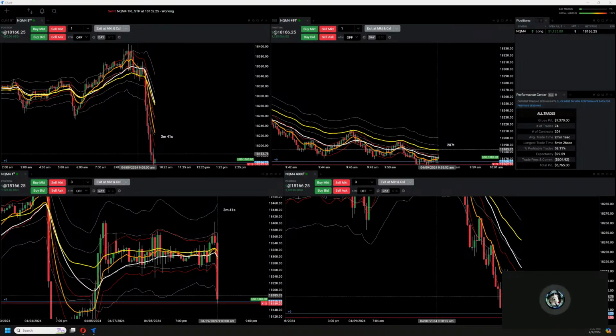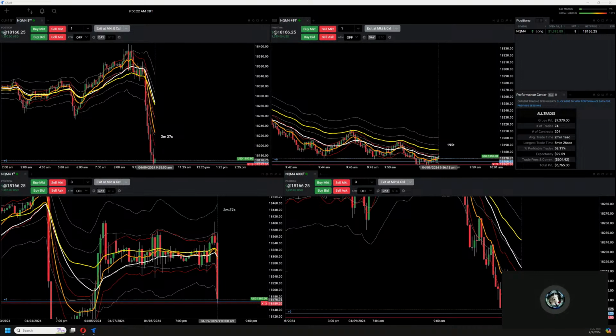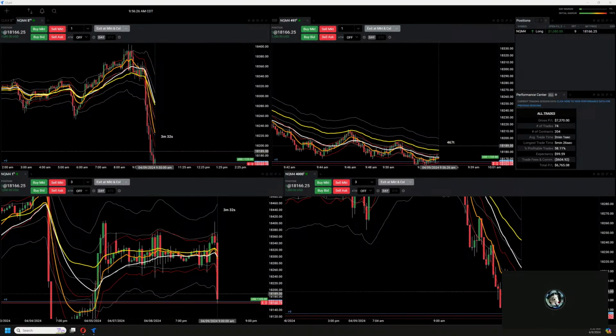Sorry, I'm at 182. 182 is coming from chart 1, the previous candle. Looking for a previous candle open test, and that aligns with the RDA.